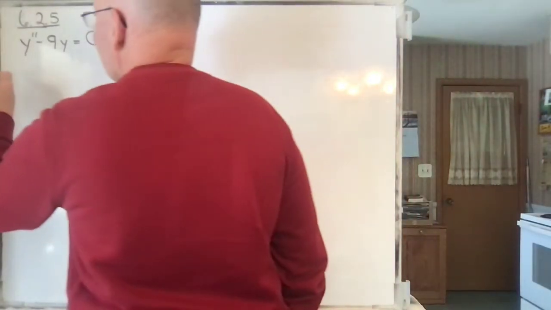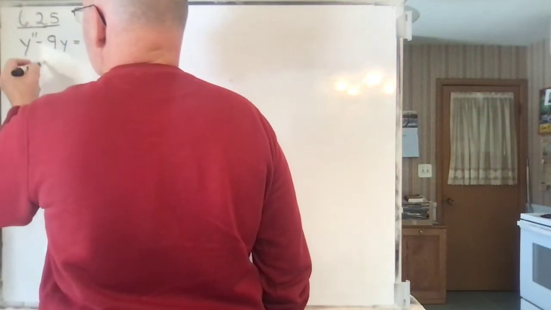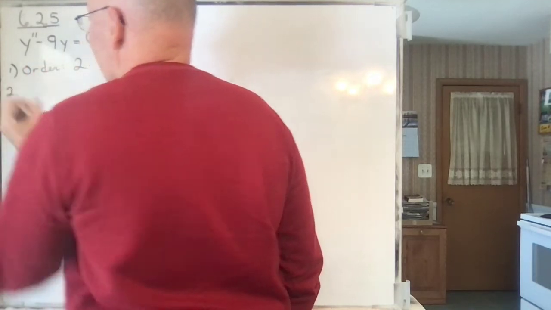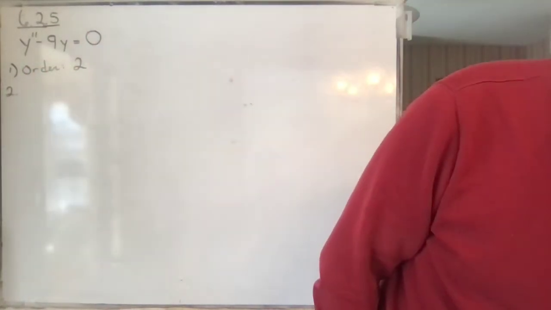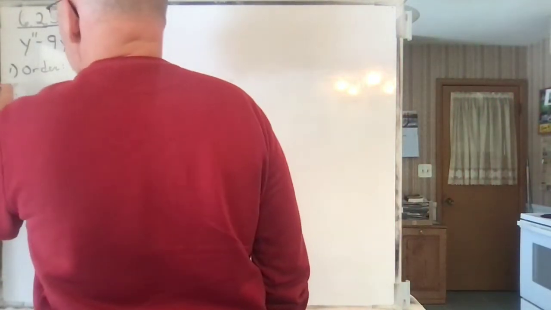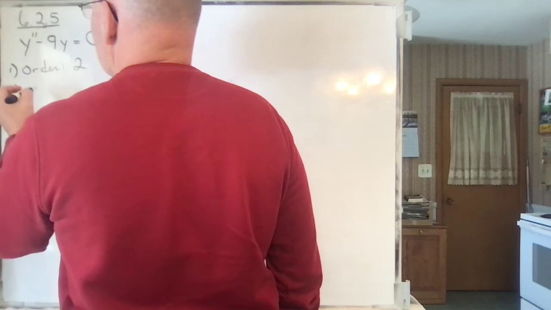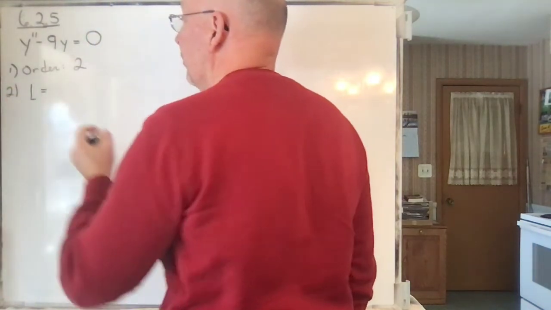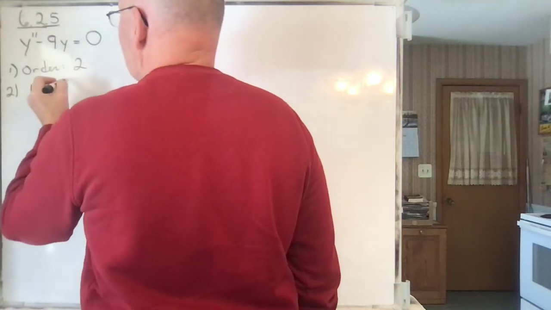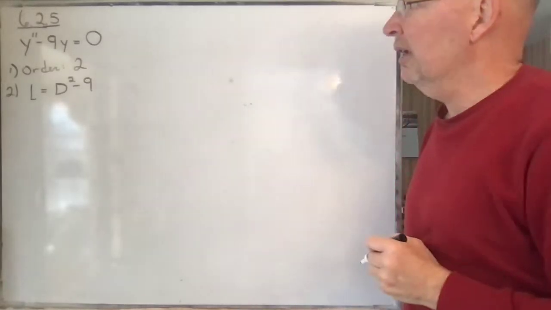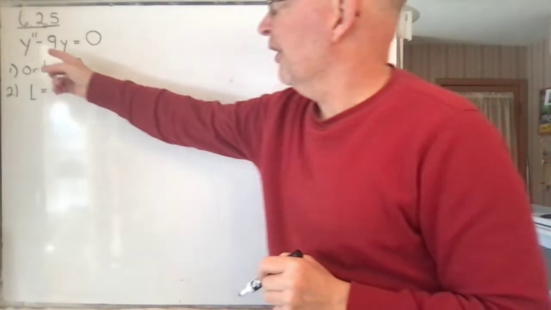So let's just go through this. The order, as I just said, is 2. Secondly, write the differential equation in the form L of y is equal to 0. So here's the way you do it. L, in this case, is the linear operator D squared minus 9, because that's what you're doing to every function.